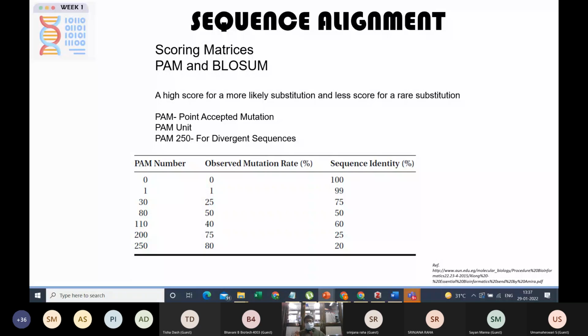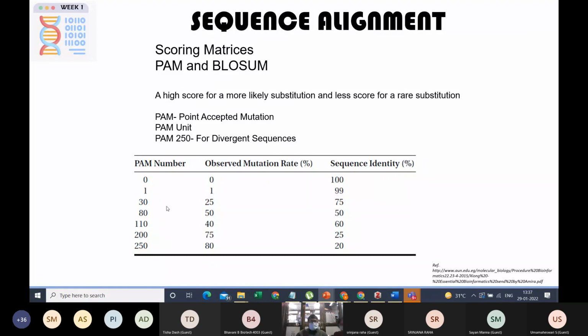Okay, so you will find that there are various scoring matrices, like PAM and BLOSUM. So what are these? PAM was given by Margaret Dayhoff. PAM stands for point accepted mutations. So what is a PAM unit?